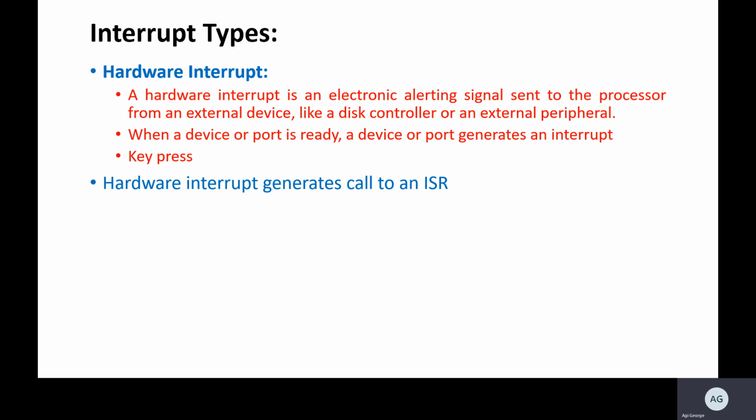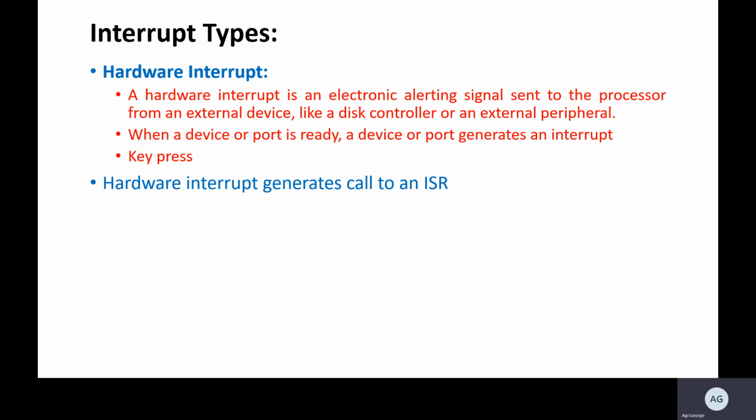Types of interrupt: you already know, we have encountered them in the 8085 microcontroller. You have hardware interrupt, like the key press. It is an electronic alerting signal sent to the processor mainly by an external device. Like your keyboard, printer, disk controller, external peripheral, a mouse.